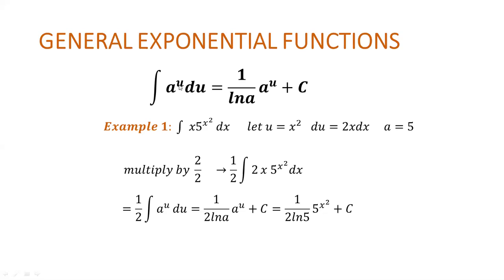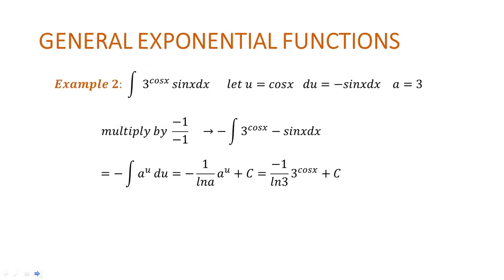The only difference of the integral of this general exponential function from the natural exponential function is the 1 over the ln of a, which is being multiplied to the a^u, the original given general exponential function. So in terms of treatment, we treat these two expressions, the natural exponential function and the general exponential function, in the same manner. The only thing is that we need to multiply by a constant 1 over ln of a for your general exponential function.